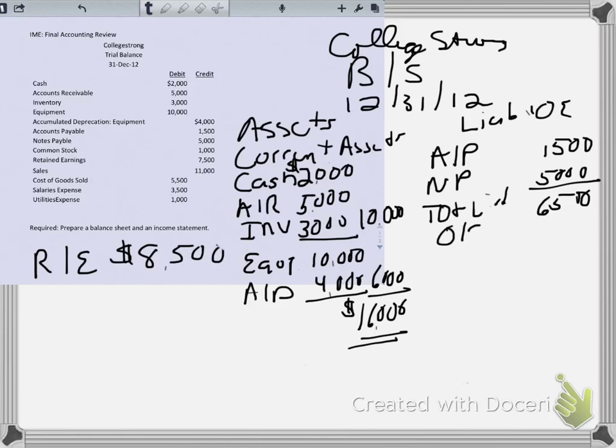As far as the owner's equity side, I've got the common stock, the ownership side rather, of $1,000. And I have the retained earnings. But remember, I'm going to take the $8,500 that I have from the statement of retained earnings and not the $7,500 on the trial balance.